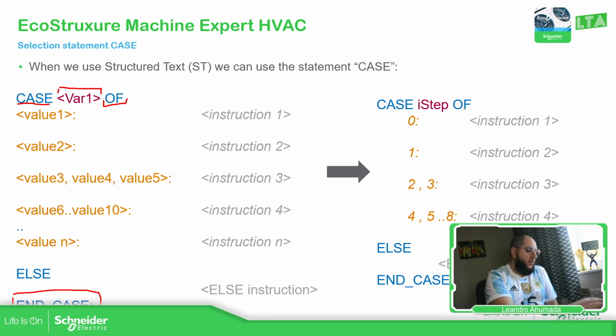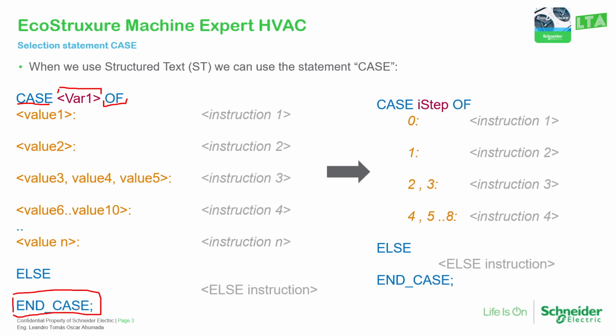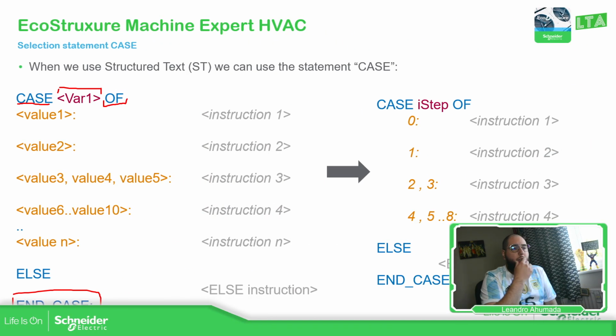The end case is to put your code, and then you just need to put your value, just the value, the colon, and then your code. This is how it works.